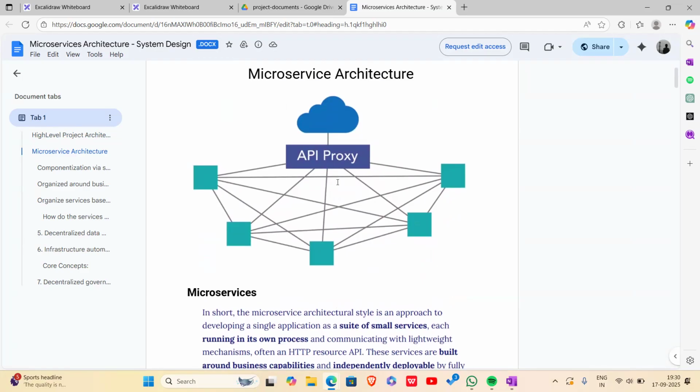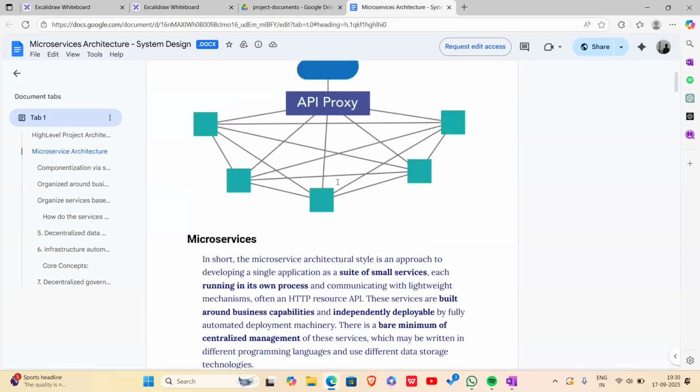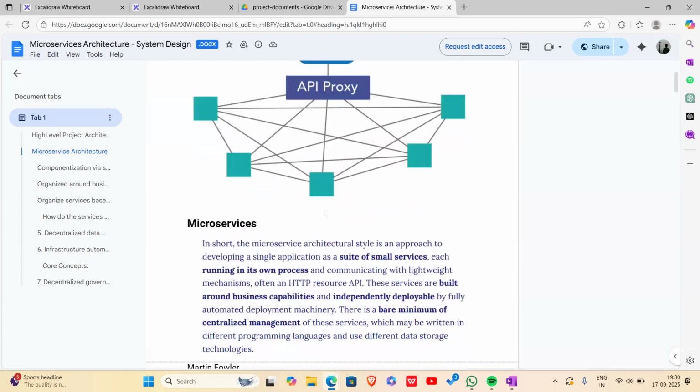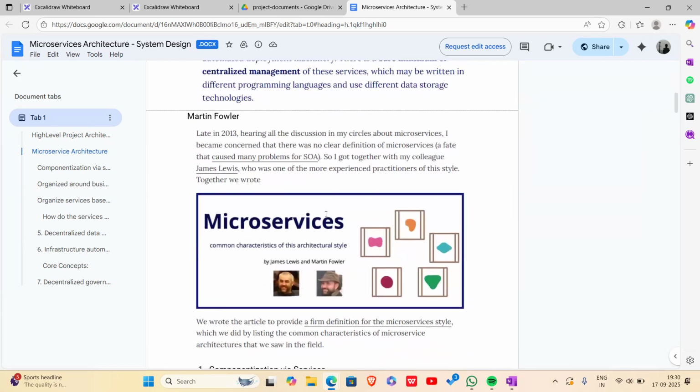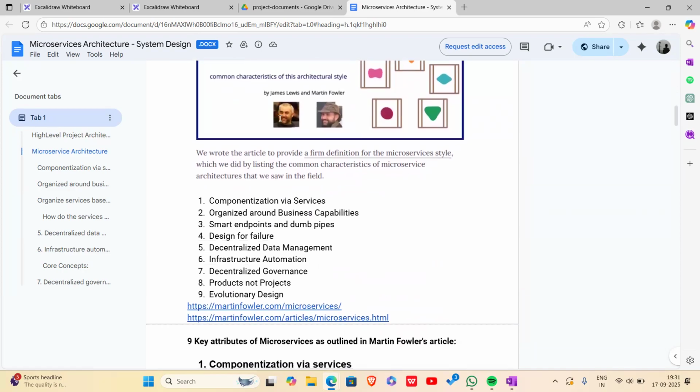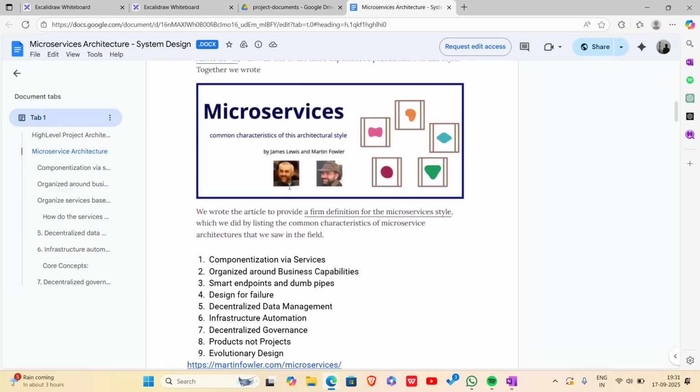So to give a proper system for everything, Martin Fowler and James Lewis came together to define nine key attributes of a microservice.